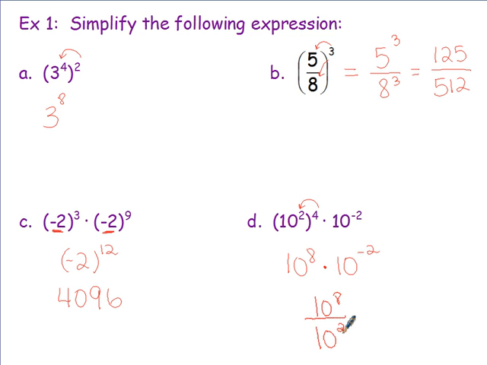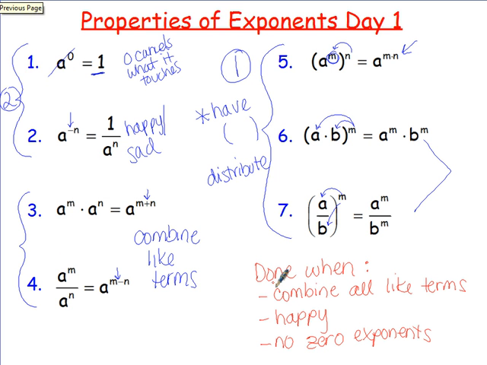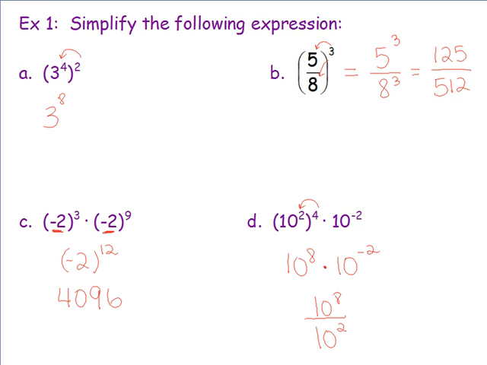He's positive now. However, we're still not done with this problem because these 10s are the same. And our rule says we are not done until we've combined all like terms. So remember, side by side we add, top and bottom we subtract.